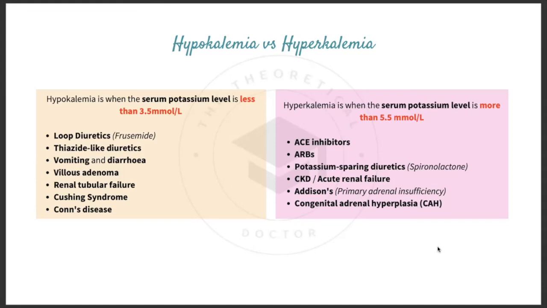Whereas for hyperkalemia, it can be caused by ACE inhibitors, ARBs, angiotensin receptor blockers, potassium-sparing diuretics, chronic kidney disease or acute renal failure, Addison's disease, the primary adrenal insufficiency, or congenital adrenal hyperplasia.